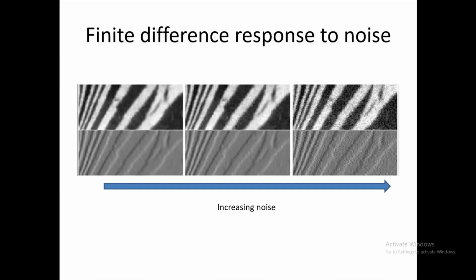We can see the image and its corresponding gradient, and as we increase the noise we see the corresponding response in the gradient of the image. Here we had a little bit of Gaussian noise, and now it's turning into big salt and pepper noise.